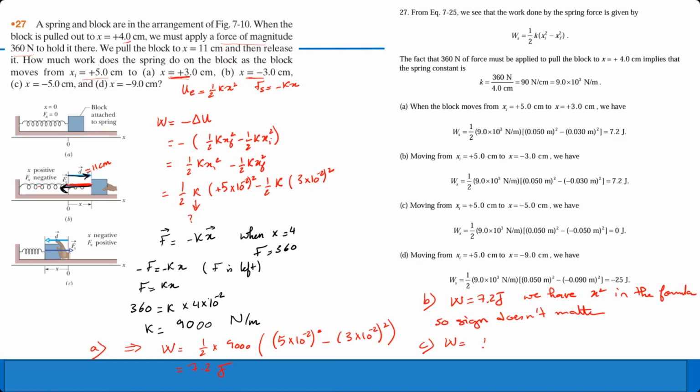Again, I'll have half k into x initial squared minus x final squared. So this is half times 9,000 times x initial, which is 5, minus x final, which is minus 5.